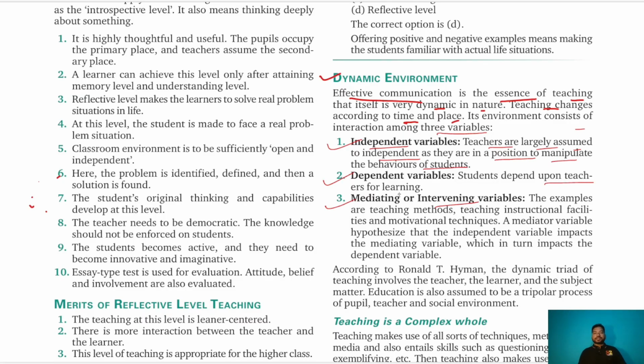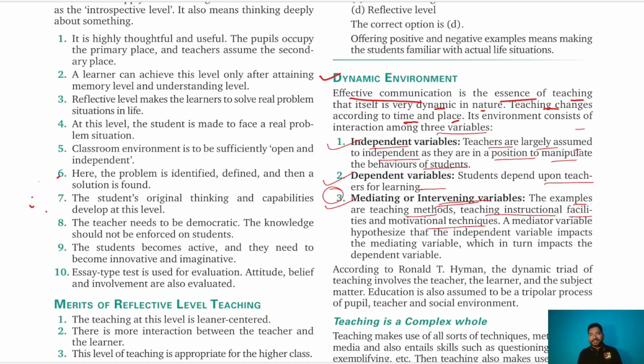The third one is the mediating or intervening variable. What is in the intervening variable? Examples are teaching method, teaching instruction, facilities, and motivational technique.